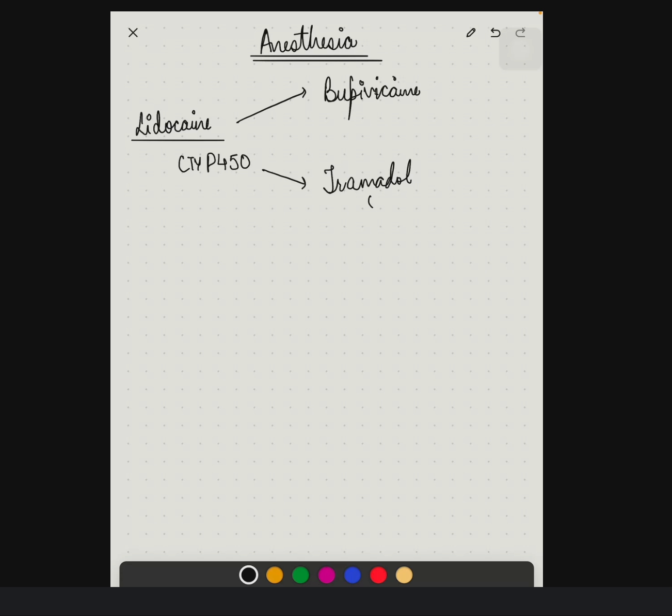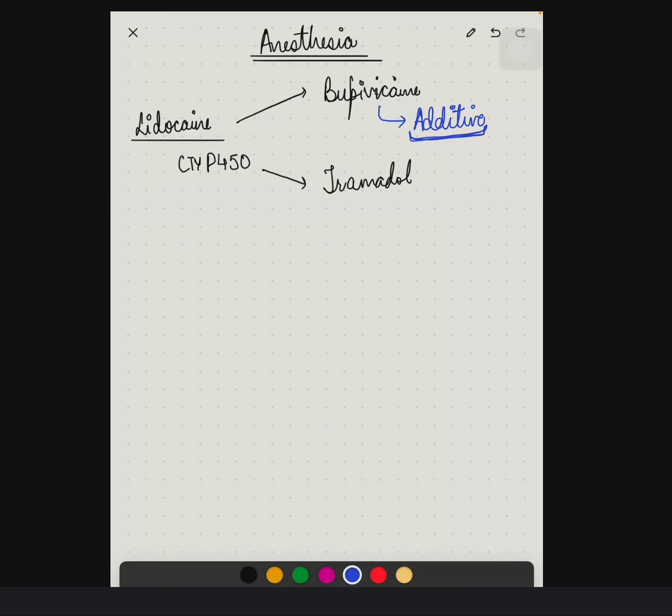And with bupivacaine, lidocaine shows additive effect. If you remember, this is a type of drug interaction that we see in pharmacodynamics. So these two local anesthetic products increase the anesthetic effect, and pose a risk of CNS toxicity.